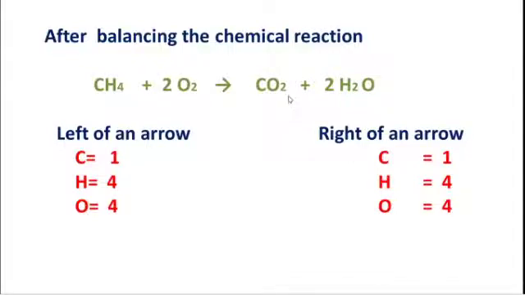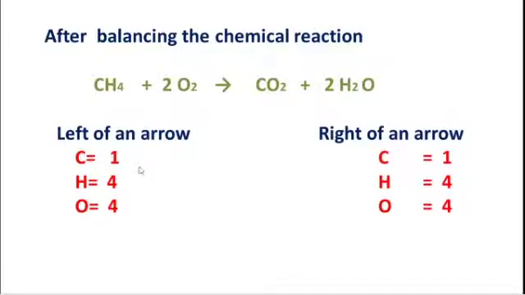Right of the arrow: one carbon, two oxygen plus one oxygen each, so 2 oxygen here and 2 oxygen here, 2 plus 2 is 4 oxygen. Hydrogen 2 into 2, that is 4.